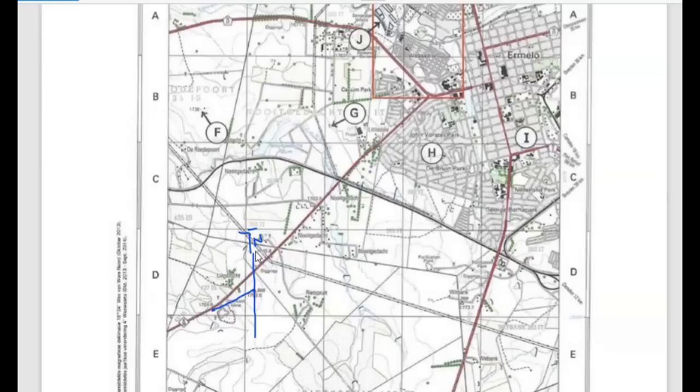So when you are measuring your true bearing, you are supposed to calculate the angle size in a clockwise direction, starting from your true north. Already your true north is here. This is the direction of the true north. So what you're supposed to do is measure the size of this angle here until this line connecting the two.